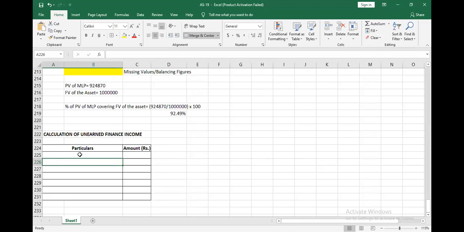Okay, we need to calculate unearned finance income. Now, please understand unearned finance income. Let me first calculate. Once I calculate, you will easily understand the concept of what unearned finance income is. My first question to you is, I want the lease rent agreed for 3 years.